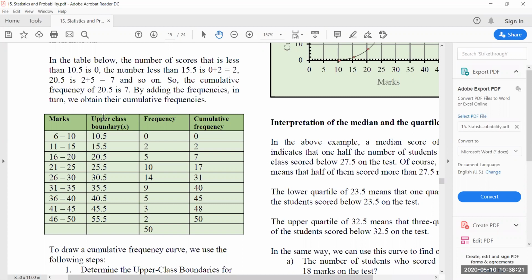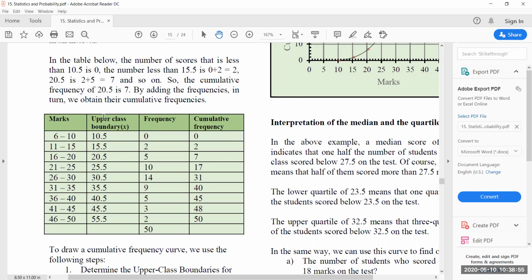So the second one, what is the lower class boundary? 10.5. Correct. So the upper class boundaries will be 10.5, 15.5, 20.5, then 25.5, 30.5, 35.5, 40.5, 45.5, and 55.5. We are just adding 0.5 to the upper class limits, and that's how I got the upper class boundary of X.